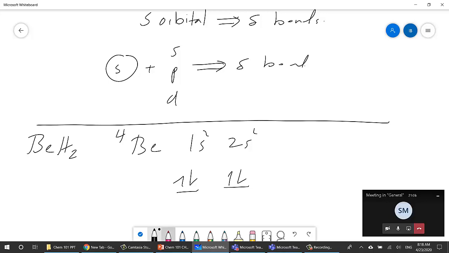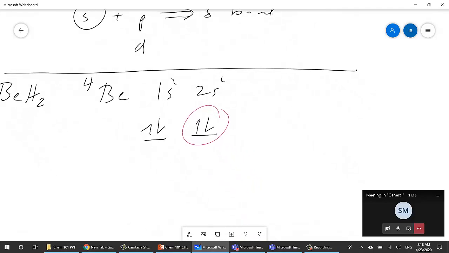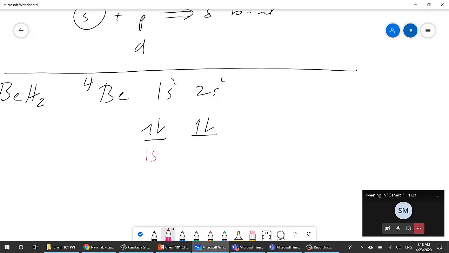Well, how can they bond, when they are paired electrons? There's no way that these 2 electrons will bond with the 2 hydrogens because they are paired. So what's happening here? This is 1s, this is 2s. There is a 2p orbital that is empty right after the 2s.